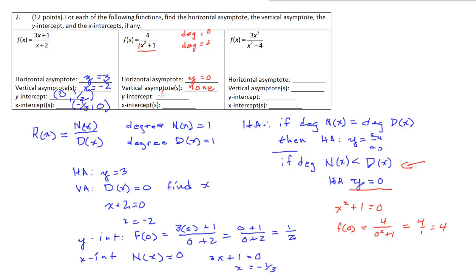So this is 0, 4. And the x-intercept is when we set the numerator equal to 0. That's what we did over here. 4 equals 0. That can never happen. So there's no x-intercept.